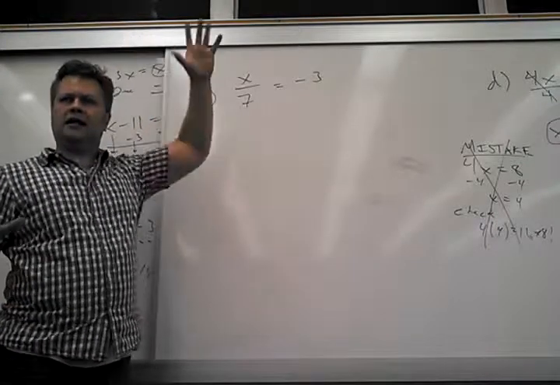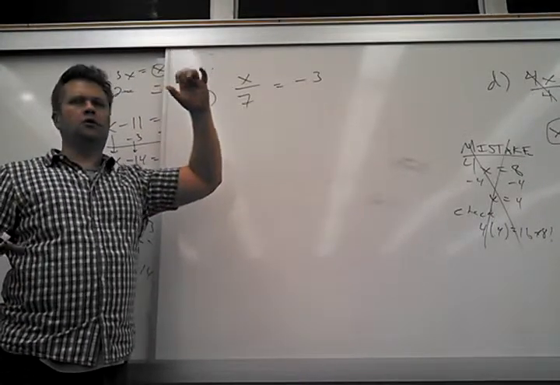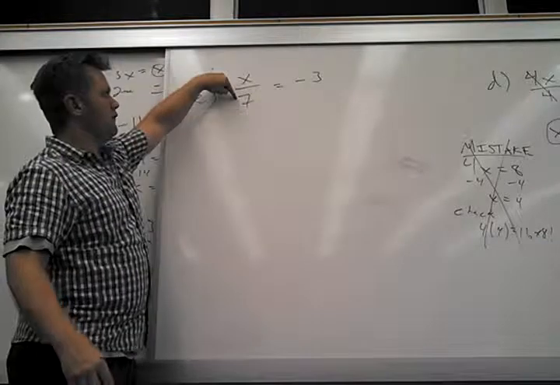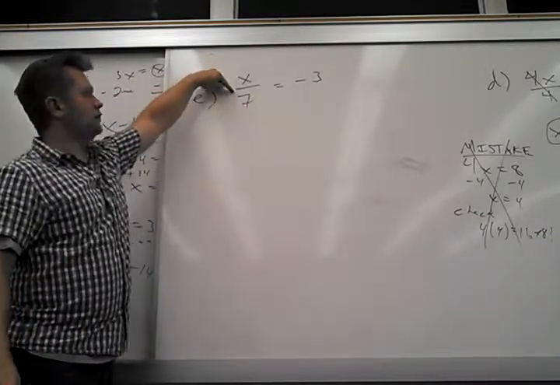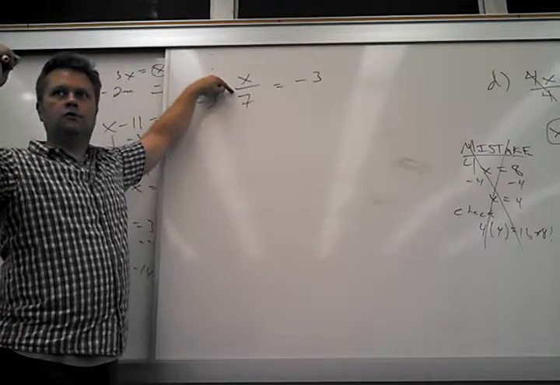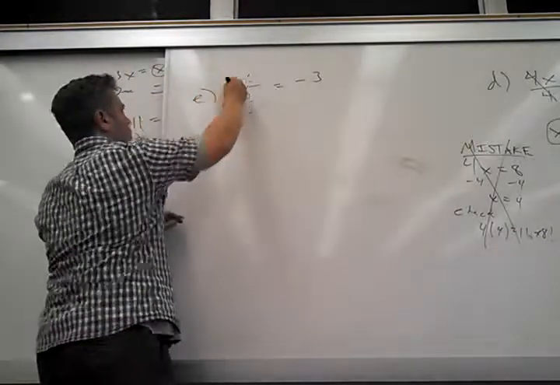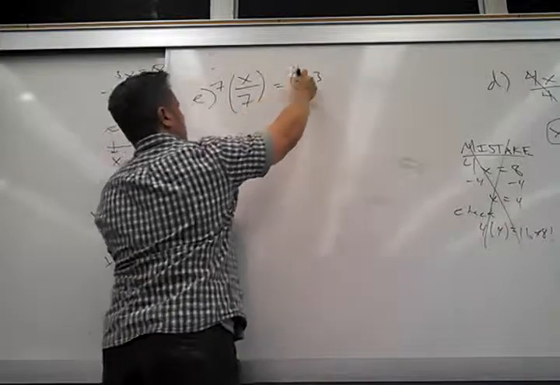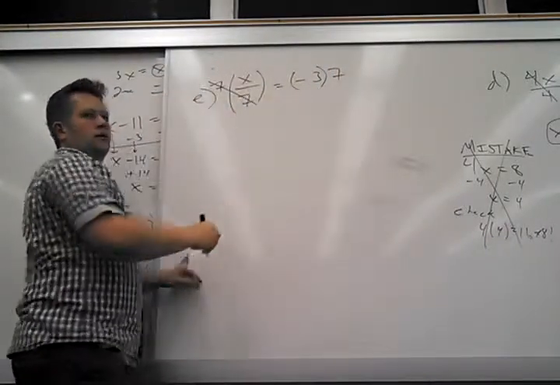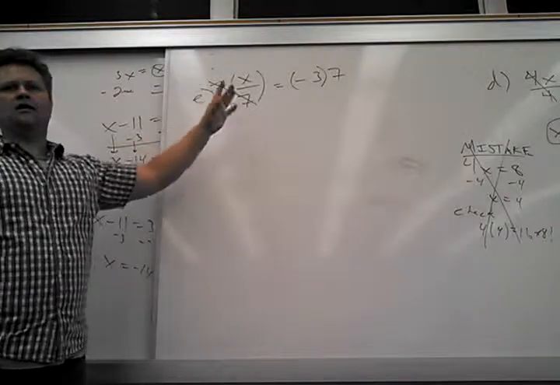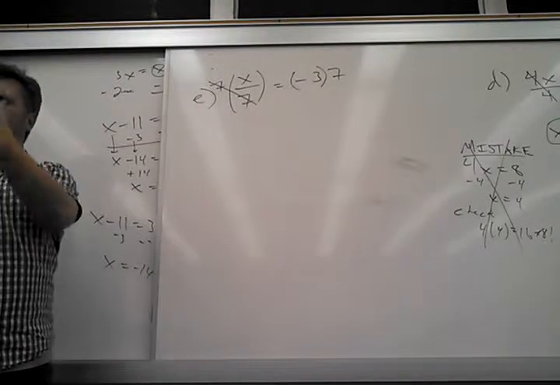And what do you want to get rid of? That x. Yeah, the 7's in the wrong place, right? So then you say, what is the 7 doing to my x? It's dividing. So I have to do the opposite. Multiply by that thing. So here, cancels. It doesn't become 49 down there. They cancel, right? That's why I did it.